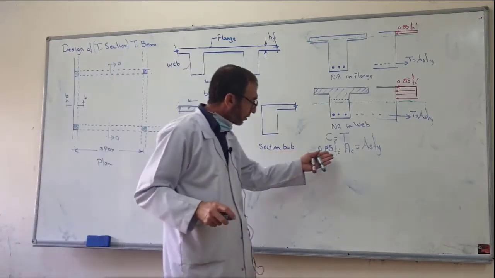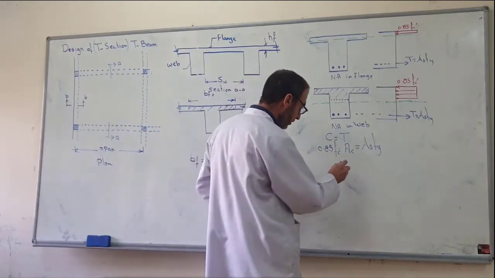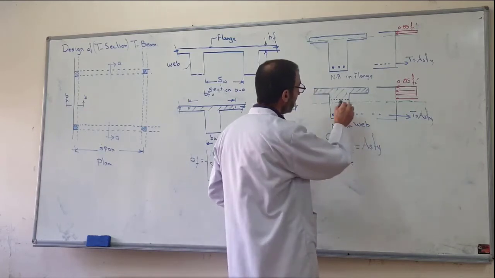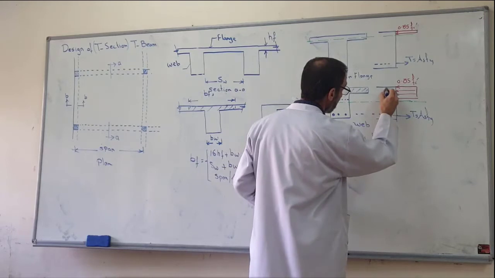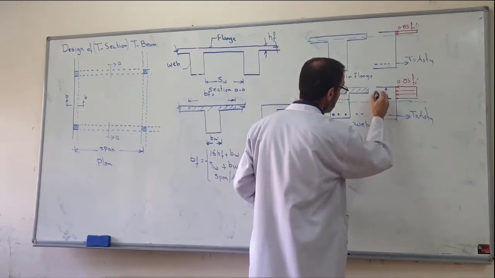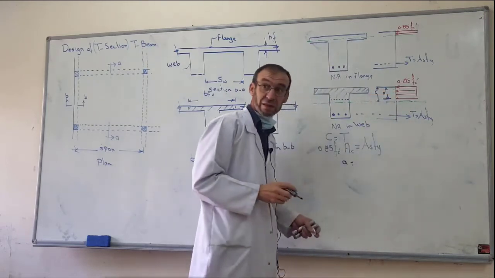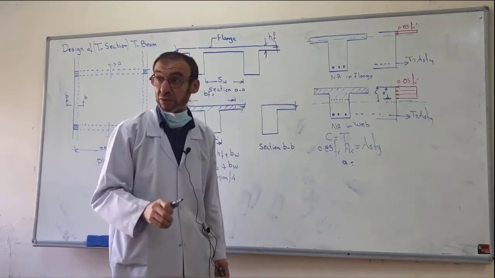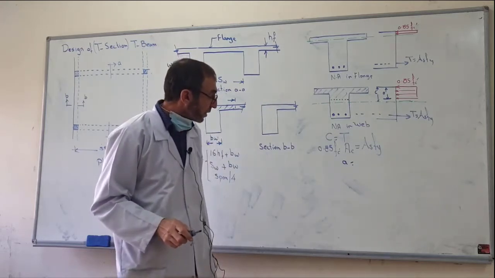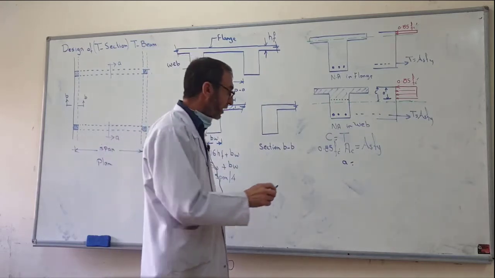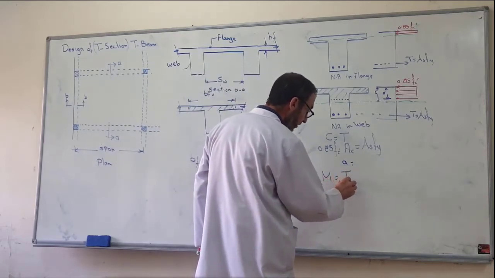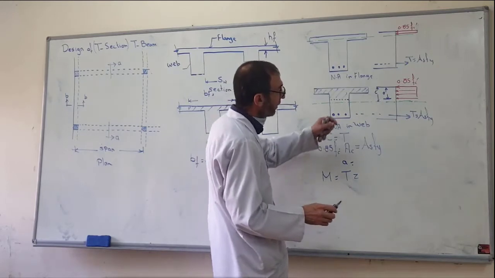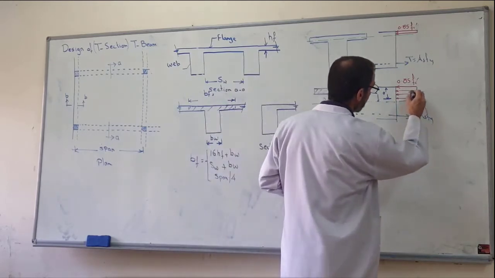So this area is A, and this is C, similar to the design of a rectangular section. The moment is force times lever arm.